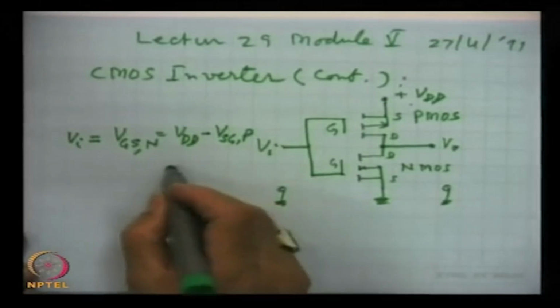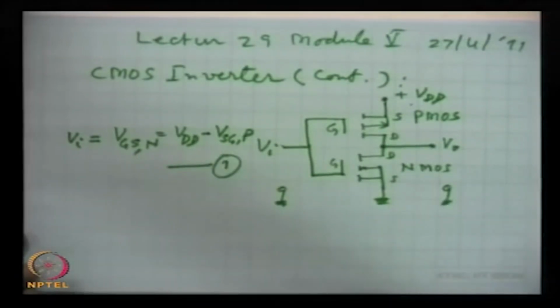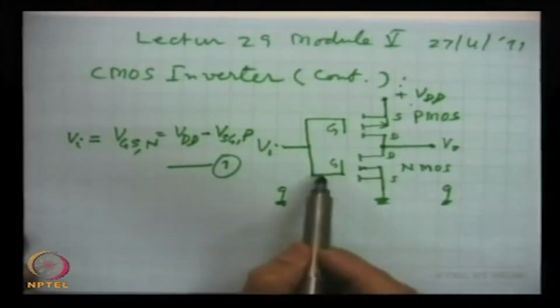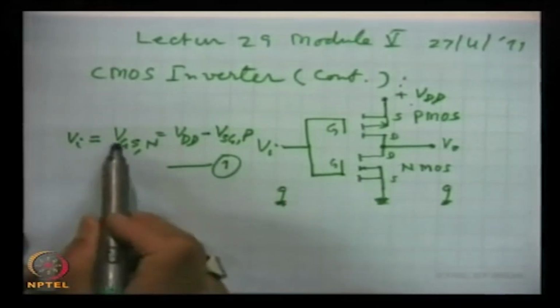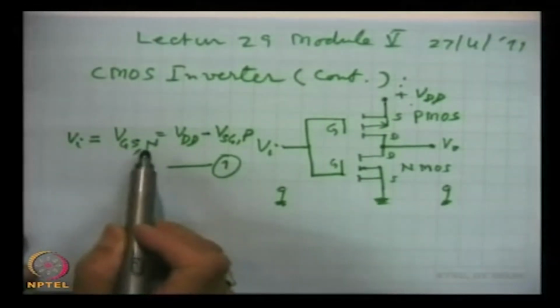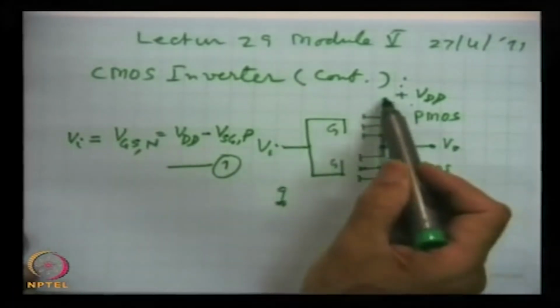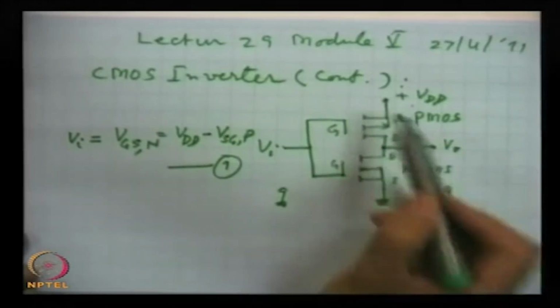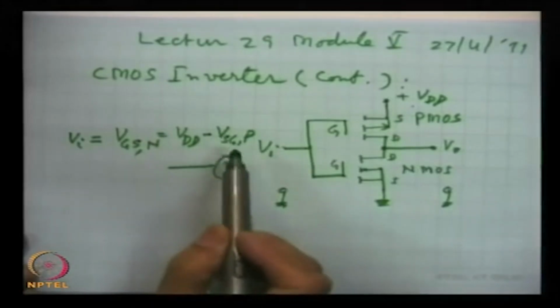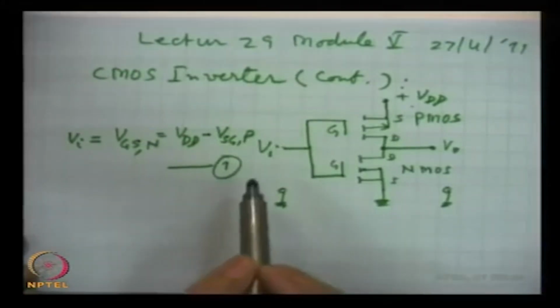This is equation 1. Input is equal to VGSN, and that is also equal to VDD minus VSGP.